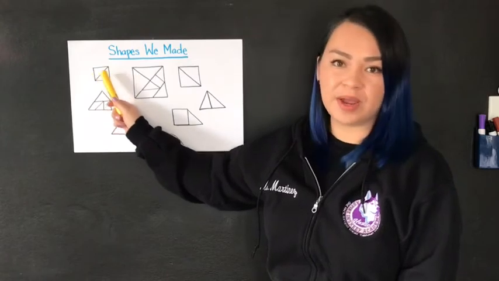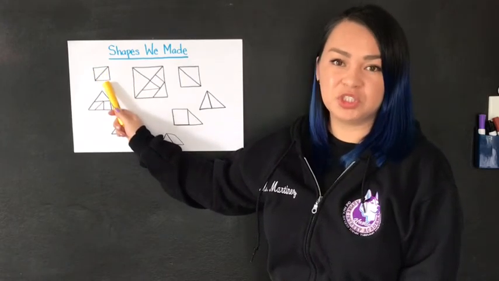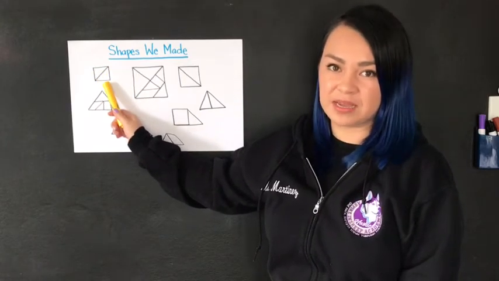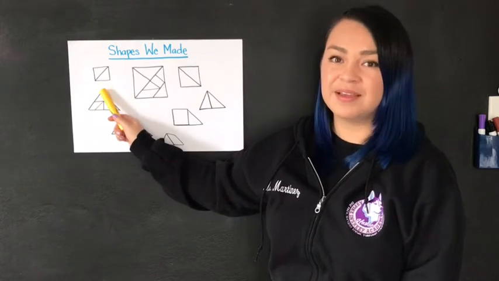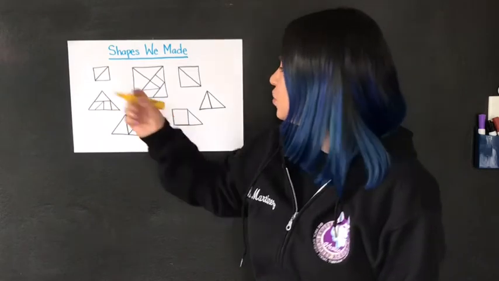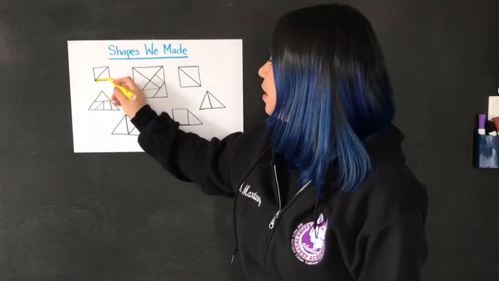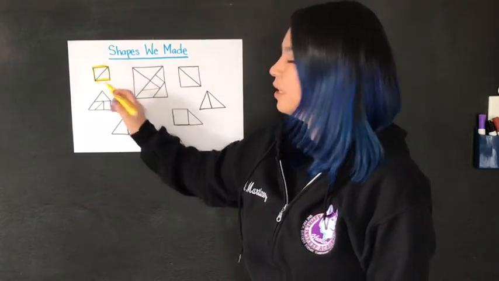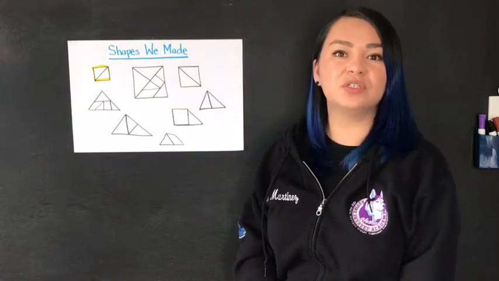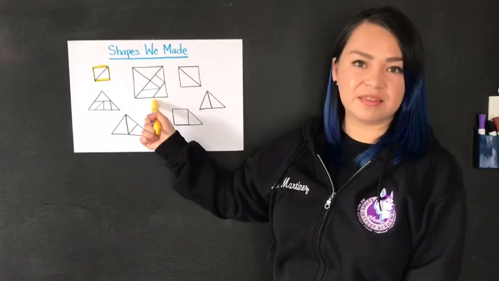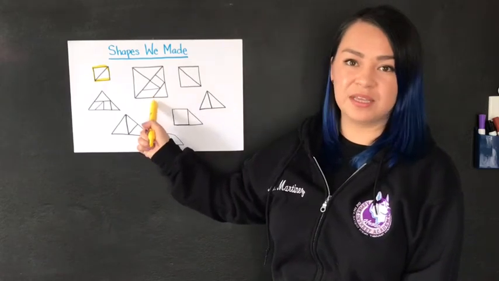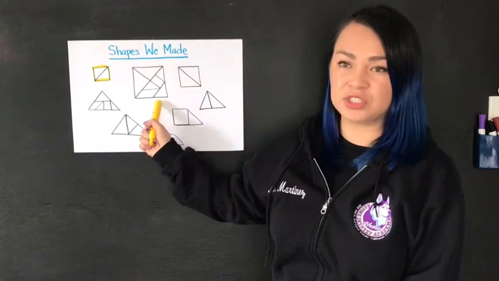I see two triangles that are the same shape and the same size. Would you say that these two are equal? Yes. This triangle is equal. It has two equal shapes. It has two triangles. Would you say that this big square has equal parts and equal shapes inside?